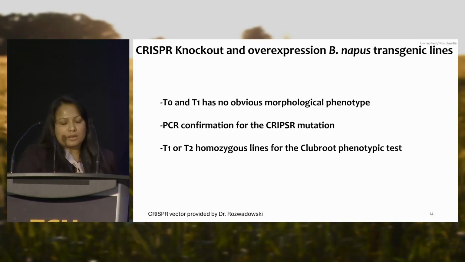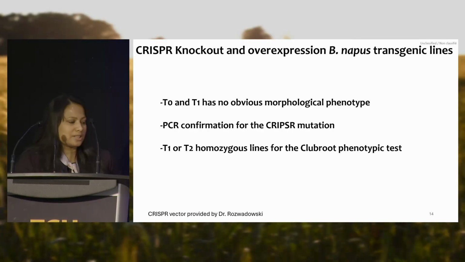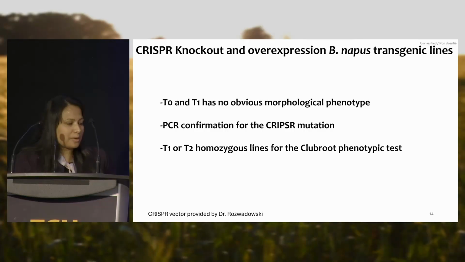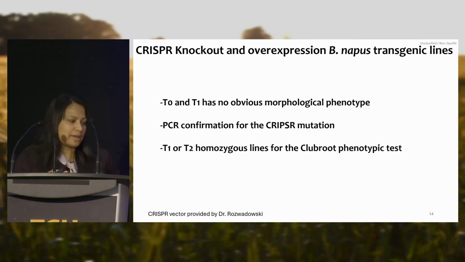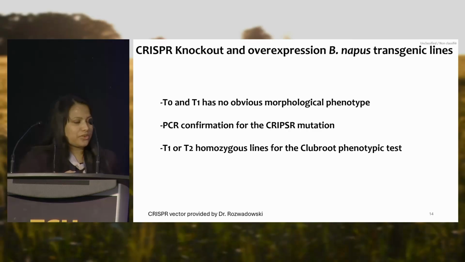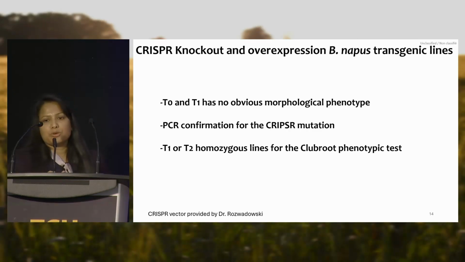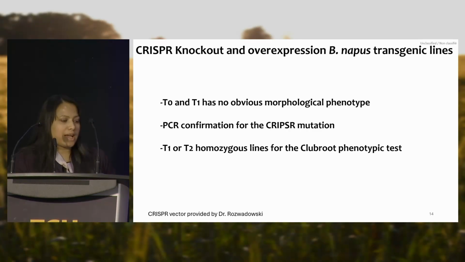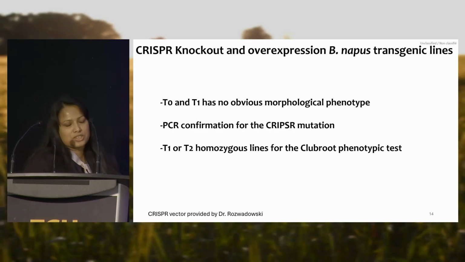Based on our VIGS results, we selected the most effective genes, and then we developed CRISPR knockout and overexpression Brassica transgenic lines. We have already confirmed the overexpression lines, and we are screening the T0 and T1 generations for single insertion homozygous lines. For the CRISPR knockout lines, we have initially done PCR and sequencing confirmation.